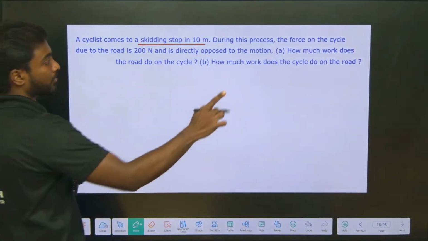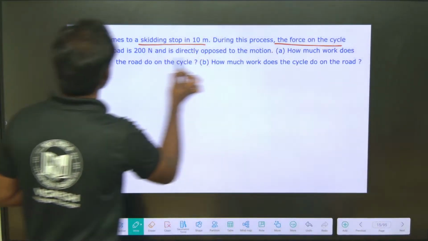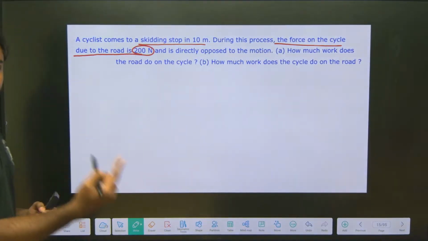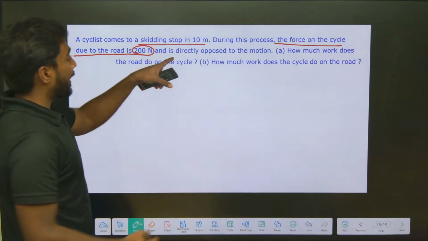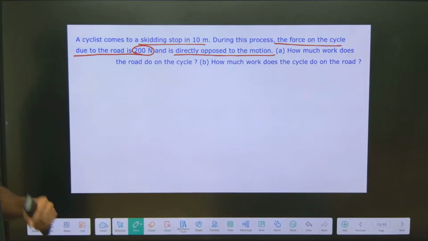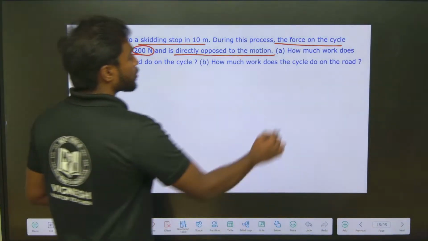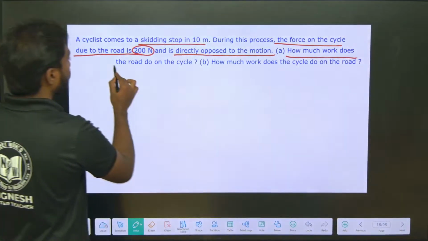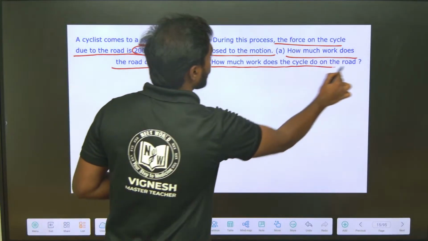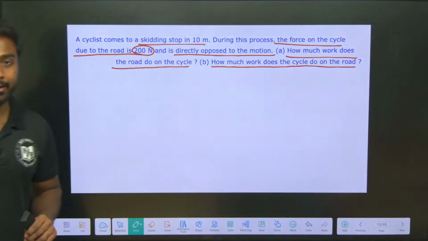During this process, the force on the cycle due to the road is 200 Newton, directly opposed to the motion. Fine. How much work does the road do on the cycle? How much work does the cycle do on the road? Two things I need to get.